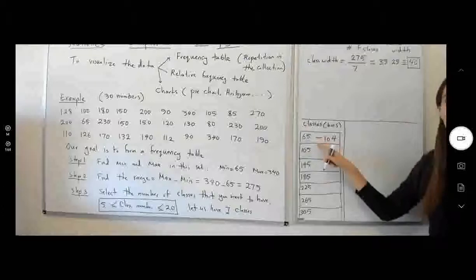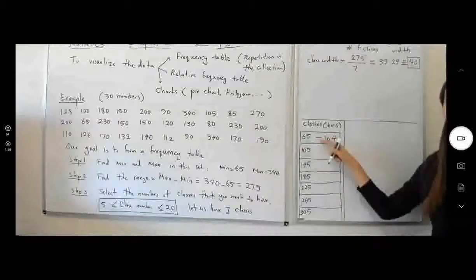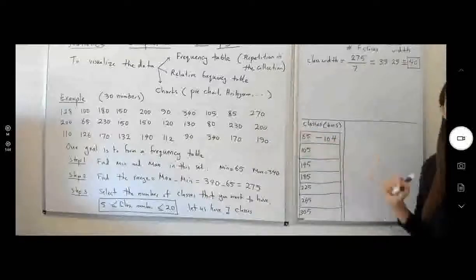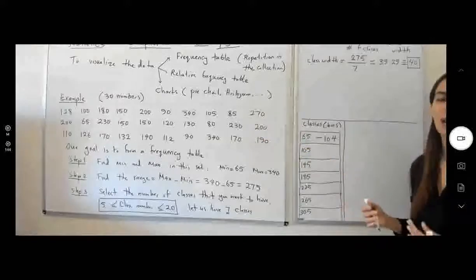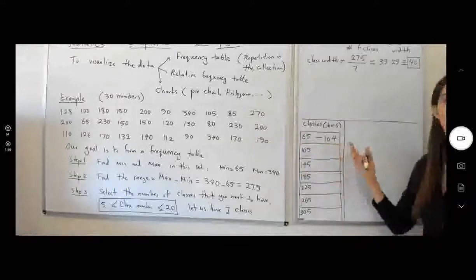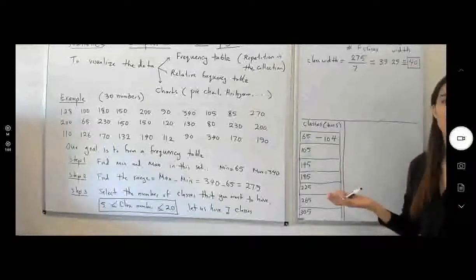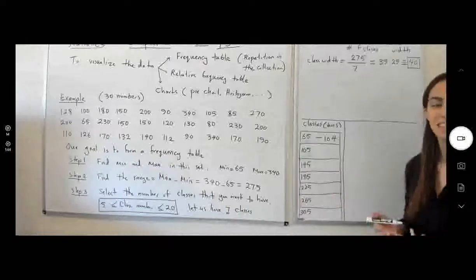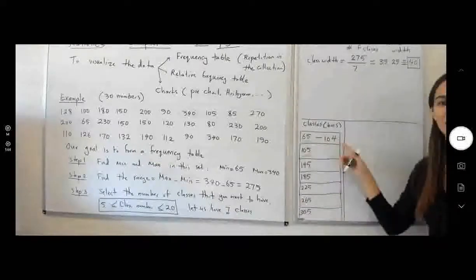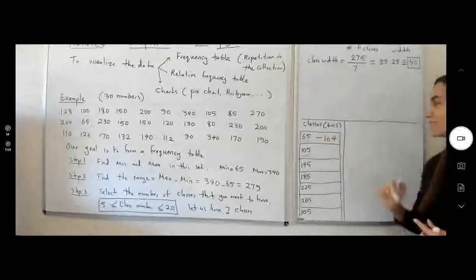How many 67s? How many 68s? How many 69s? How many 70s? How many 71? How many 72? How many 73? So, what is the frequency of numbers between 65 and 104?